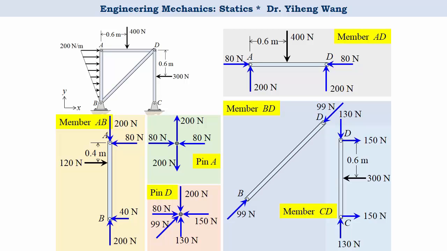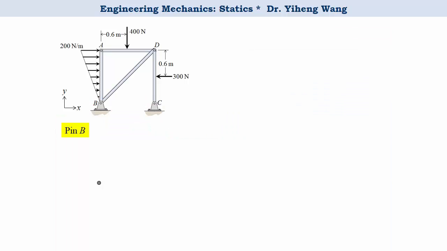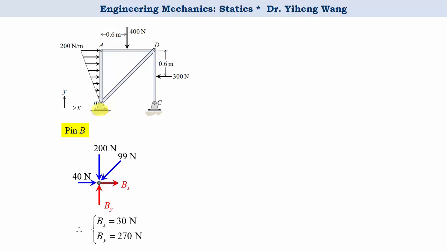We're almost done. The only things left are the pins at point B and point C. For pin B, these are the forces exerted by member AB and BD that we solved previously, and these two unknown forces are exerted by the actual brackets of the support fixed on the ground to pin B. And we can solve for both of them.